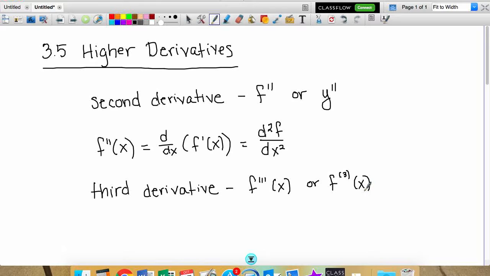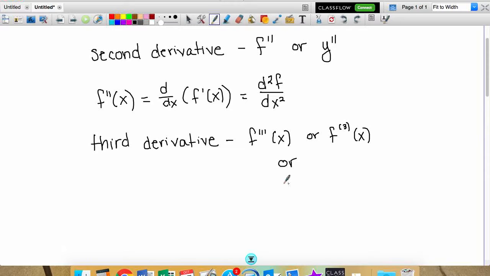Traditionally, for powers higher than 3, we use this notation. So for a fourth degree power, we would have f to the 4 in parentheses of f of x. The differential notation is similar to that for the second derivative: d cubed f over dx cubed.